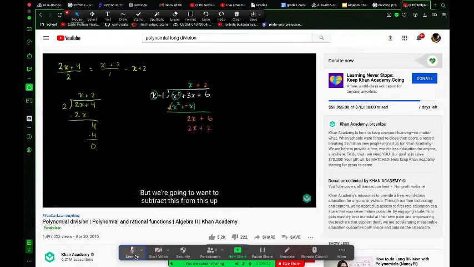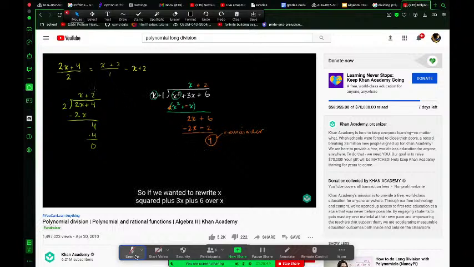We're going to want to subtract this from this up here. Instead of writing 2x plus 2, we can just write negative 2x minus 2 and then add them. These cancel out. 6 minus 2 is 4. And how many times does x go into 4? We could just say 0 times. We could say that 4 is the remainder.